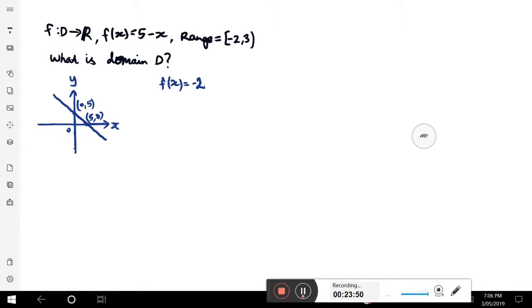So f of x is equal to negative 2. This implies that 5 minus x is equal to negative 2. Now just simple rearranging, we know that x is just equal to 7. So if we write that in coordinates, that's 7, negative 2.